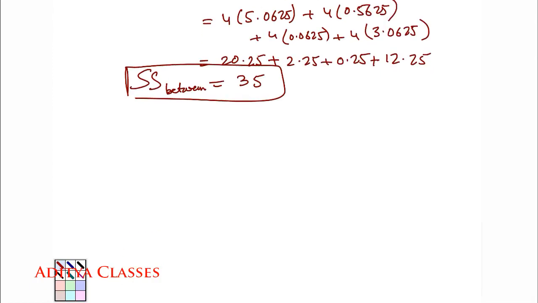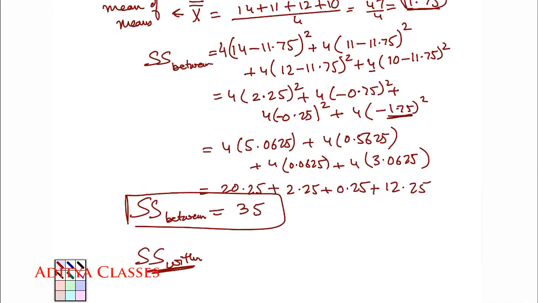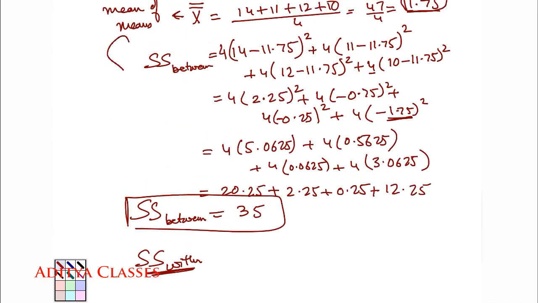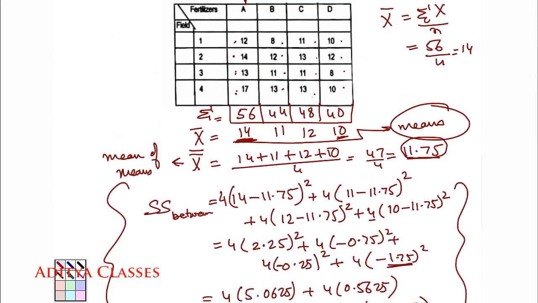Now we need to go for SS within. For SS within, either you can calculate it this way, or you could follow a very simple procedure. We'll try to follow a very simple procedure because it is easier that way.